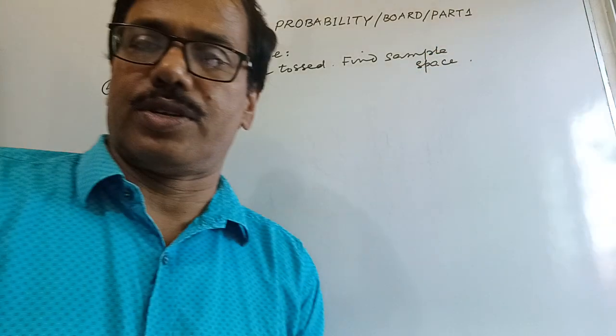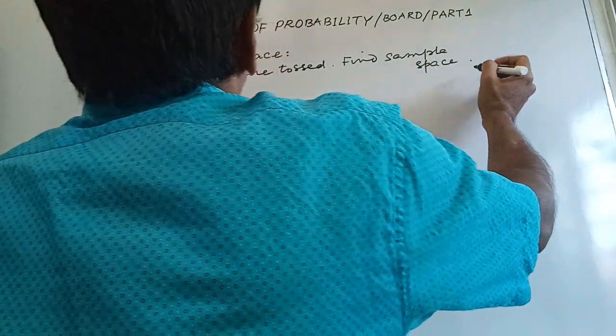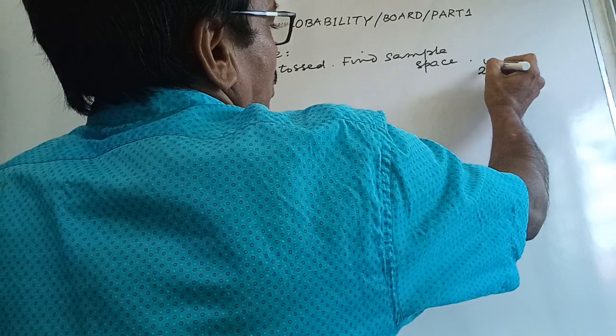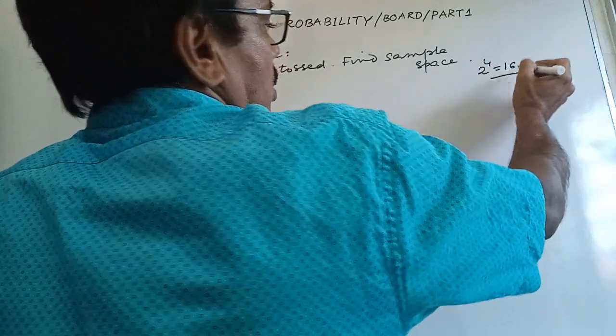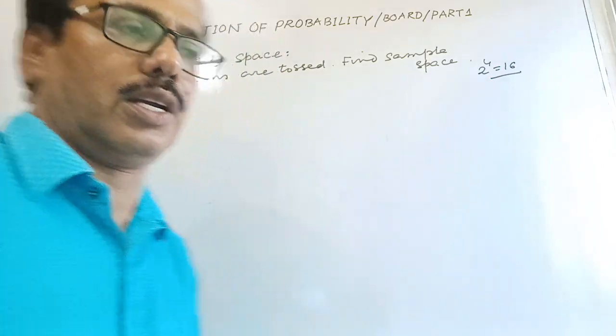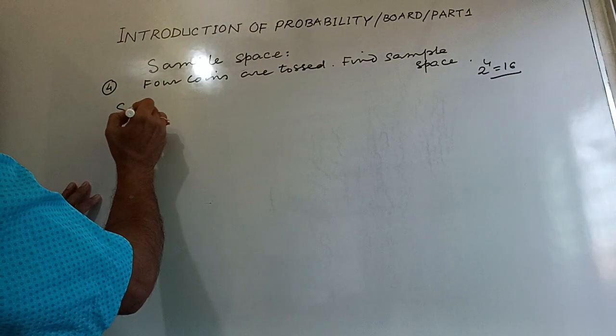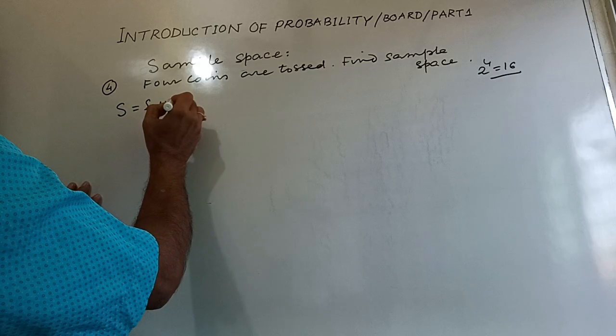So 4 coins are tossed. I have already discussed head and tail. So it is 4 times. How many cases? 16 possible cases we are getting. So what are the cases? 4 heads.